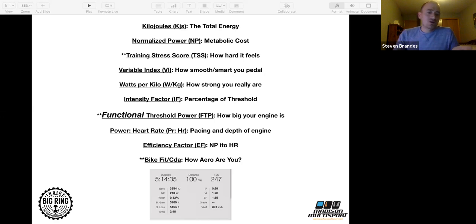And this isn't in Training Peaks, but I added it. Basically your bike fit and your CdA. Basically, how aero are you? Like, what is your aerodynamic position? Because it is, I think, incredibly important. And you should have an idea of what this is. And it's super tough to know, but we'll get into that.